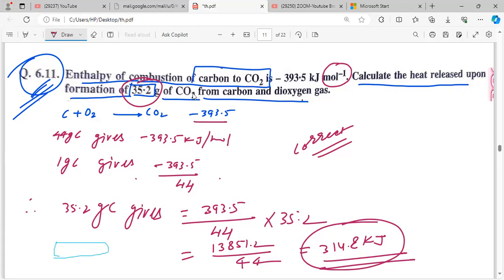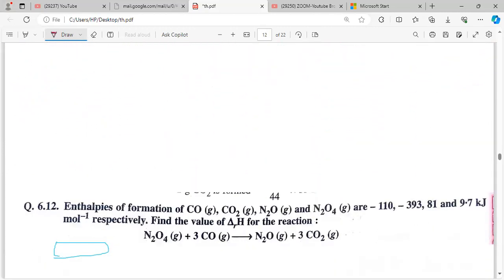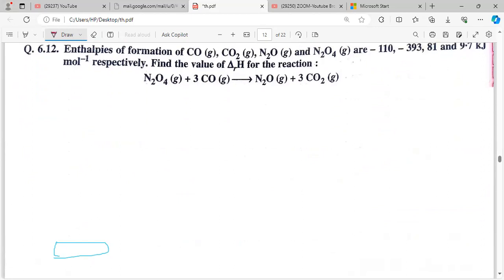Round figure is okay. Understood? Yes. Okay.